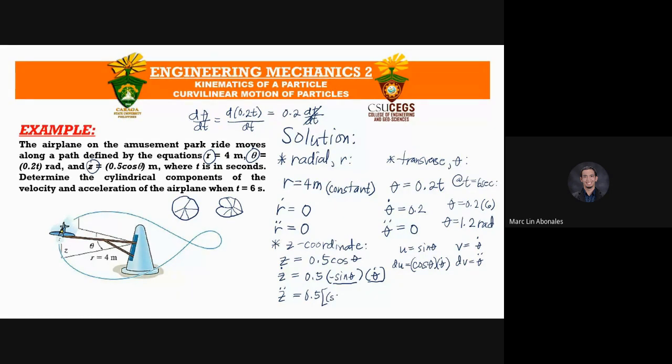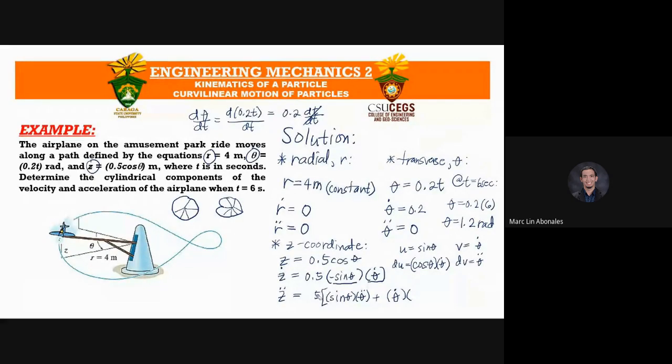So, sine theta times theta double dot, or angular acceleration, plus v is theta dot times the derivative of sine, sorry, negative manino.